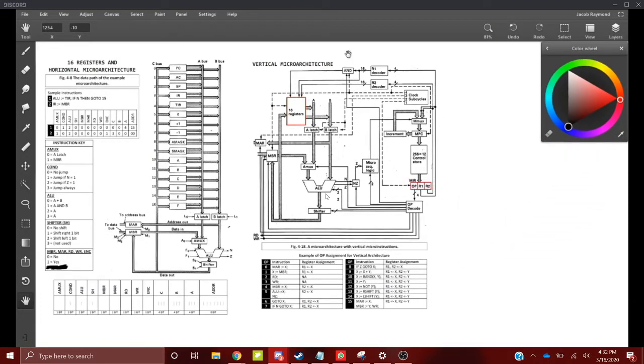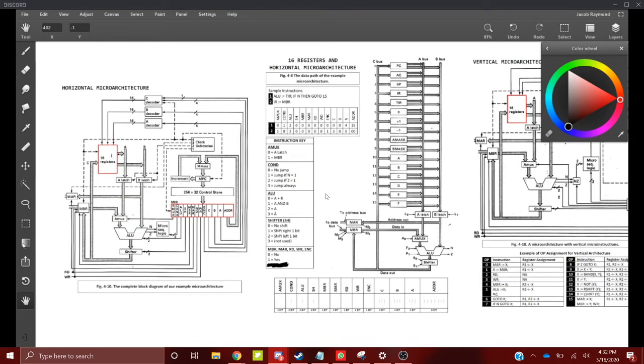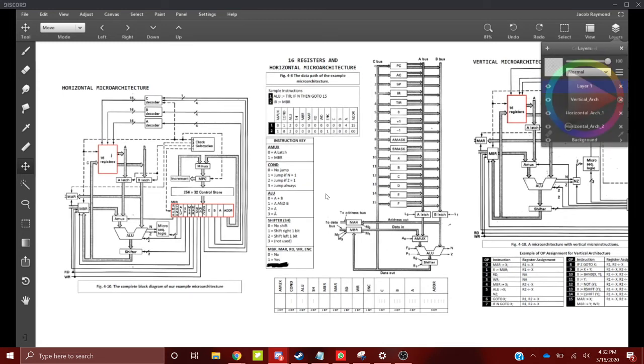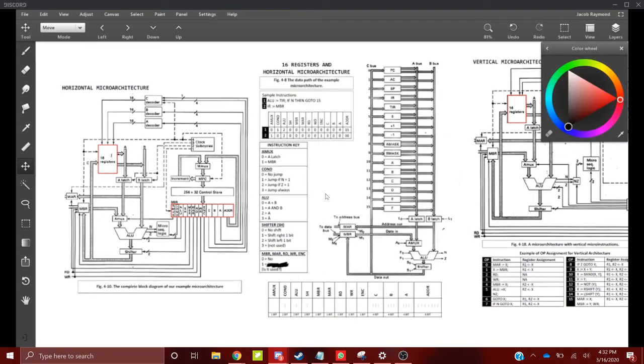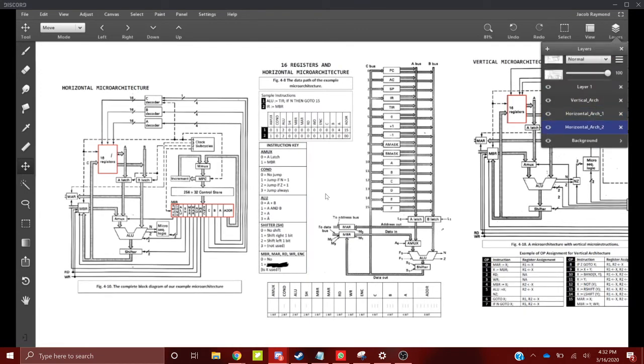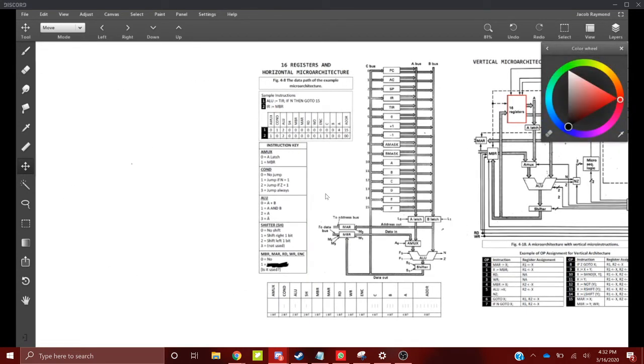So here, actually, let me drag this over really quickly. Nope, wrong one. Just to compare these very quickly.